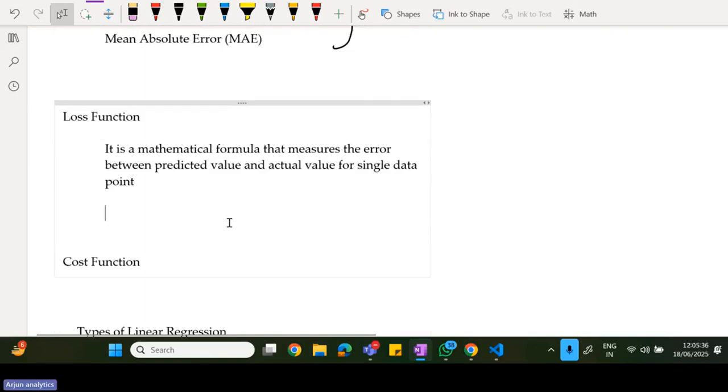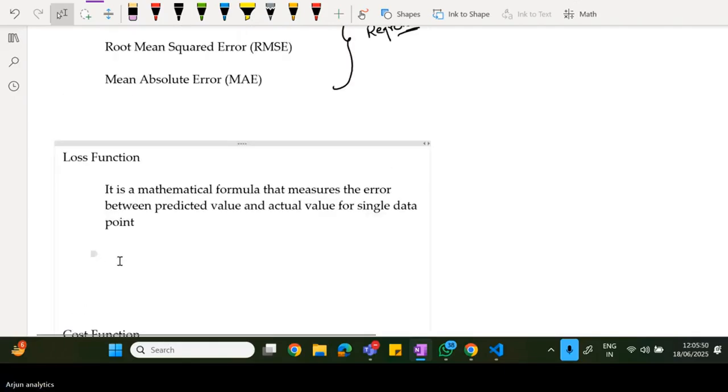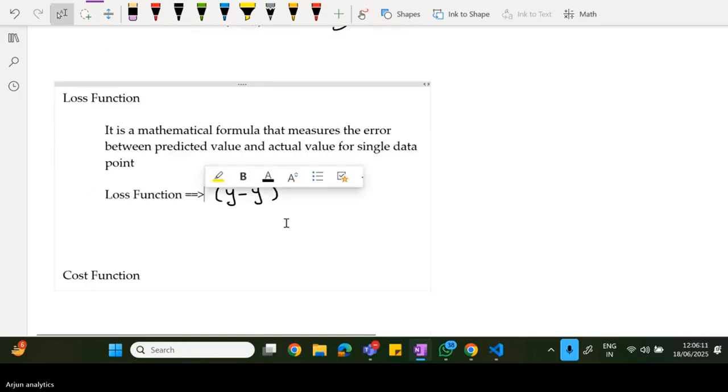You can take the formula like this: loss function is y minus y hat, whole square.